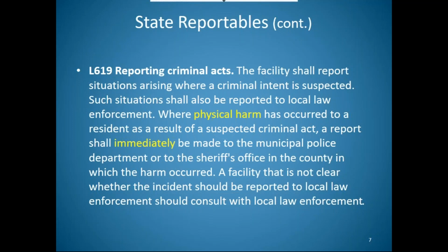If it's not clear whether the incident should be reported to the local enforcement officers, then you probably ought to consult with local enforcement. It doesn't hurt for you to ask, and they can tell you, yes, it is, no, it's not. They may tell you, okay, we'll take a note of it, but we won't be coming out to make a report. But either way, you'll be able to say that you did notify the law enforcement on the form that is required.